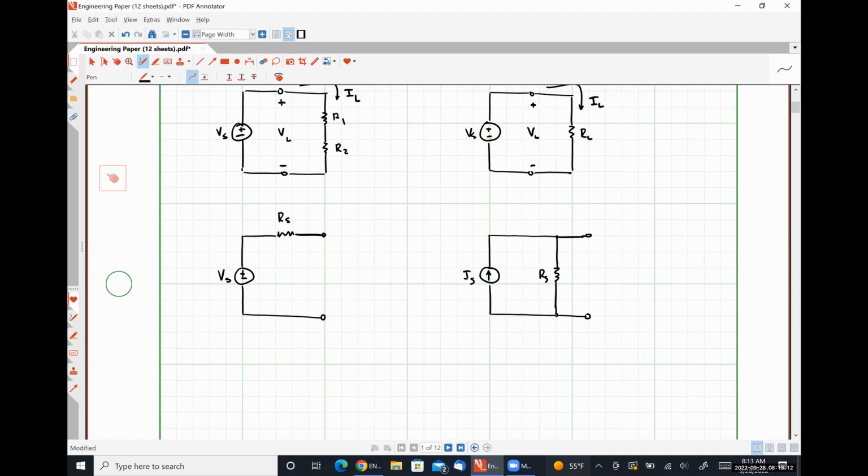On the left-hand side, this is what we call a practical voltage source.